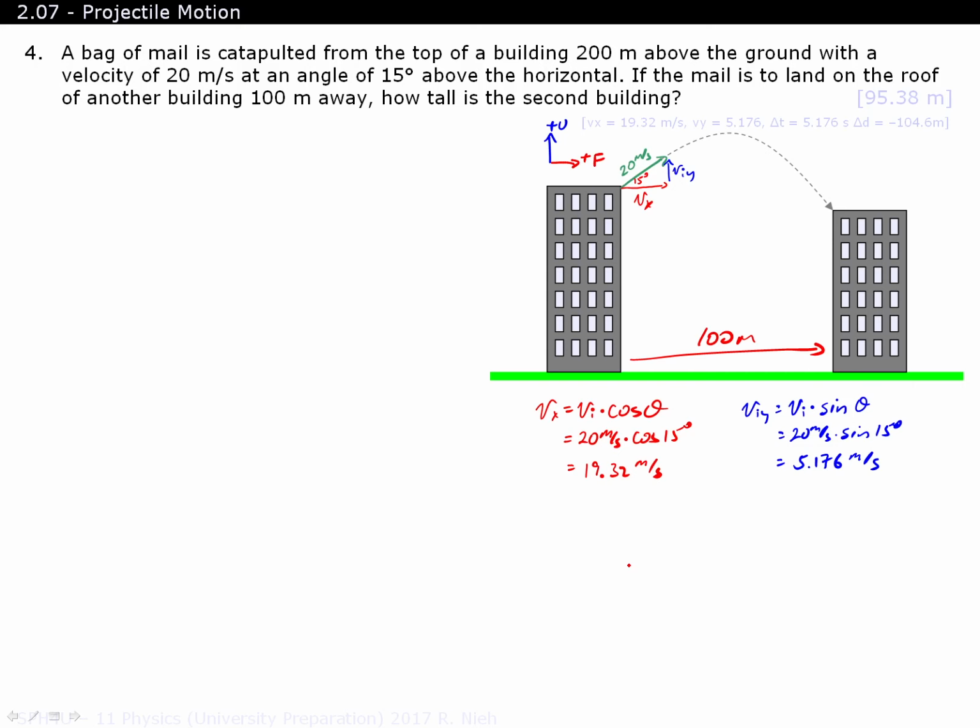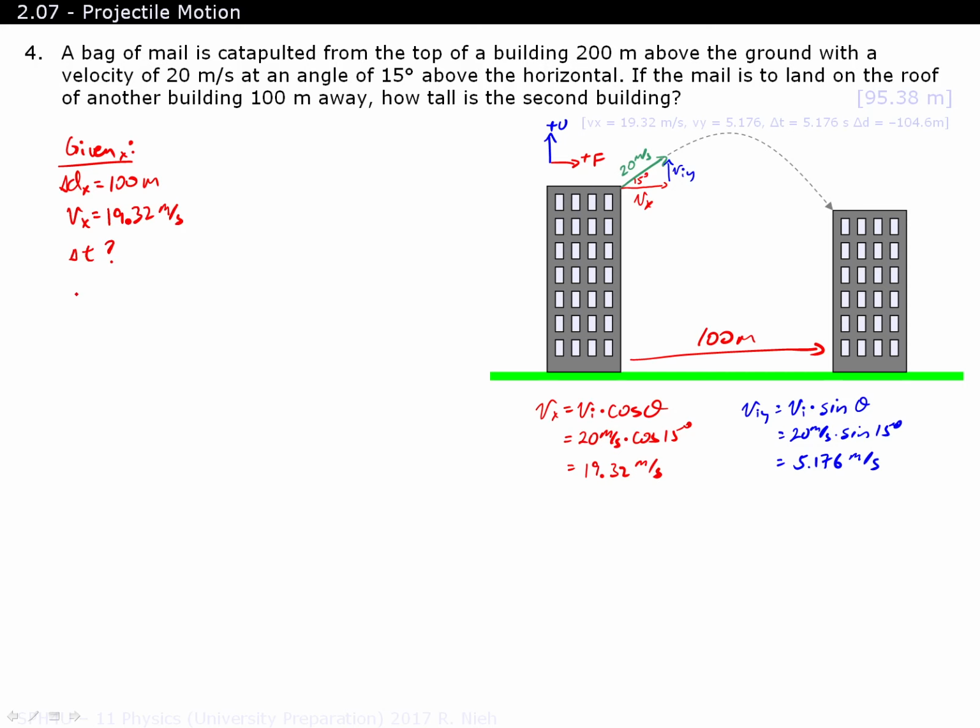All right, so one thing that we do know so far is that we have two givens in our horizontal dimension. We know that the second building is located 100 meters away from the first building. We also know from our initial calculations that it is traveling at 19.32 meters per second. This is enough information for us to figure out the time that it takes for it to travel horizontally.